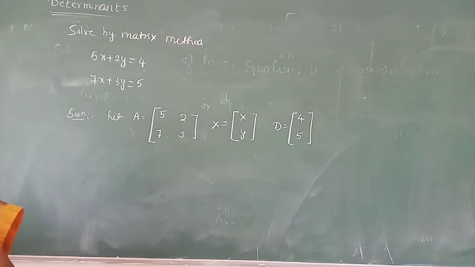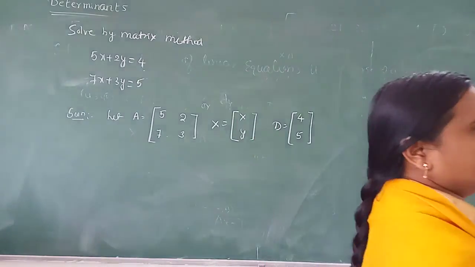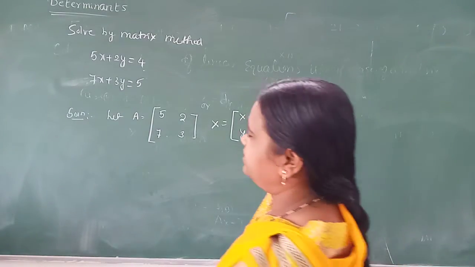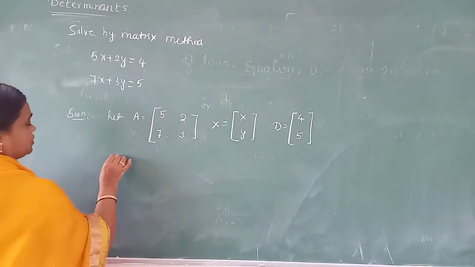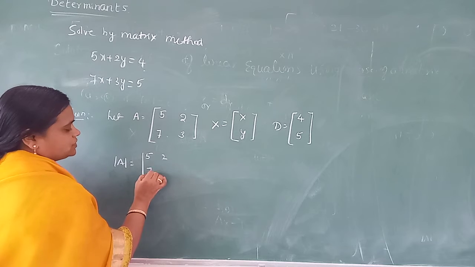Next, very first step. If it is non-singular, then only we can calculate, otherwise not possible. Means we have to calculate first determinant A. Determinant of 5, 2, 7, 3.